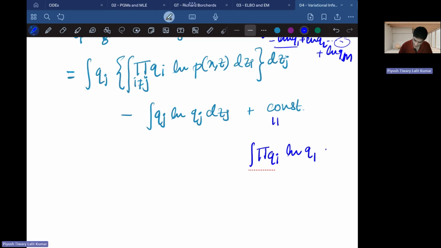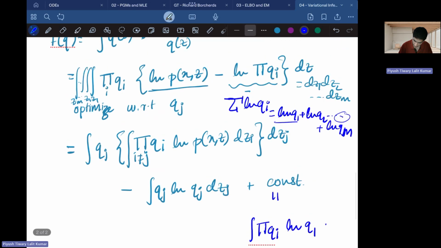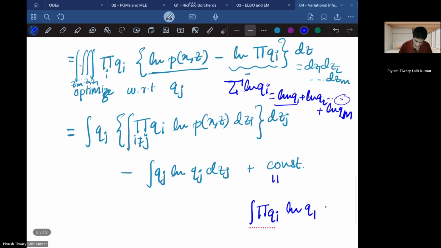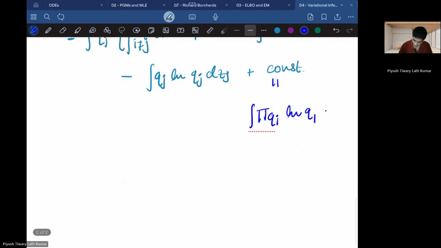So you can perhaps split this similar to what we did here.